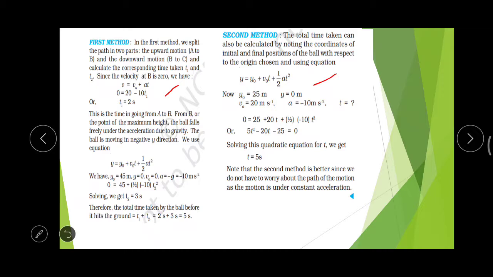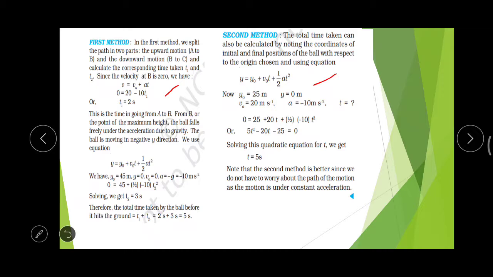As per the first method, first of all, you are finding the time required for the upward motion. So v is equal to v0 plus at, where the final velocity v is 0, initial velocity is 20, and the t value you have to find, isn't it?